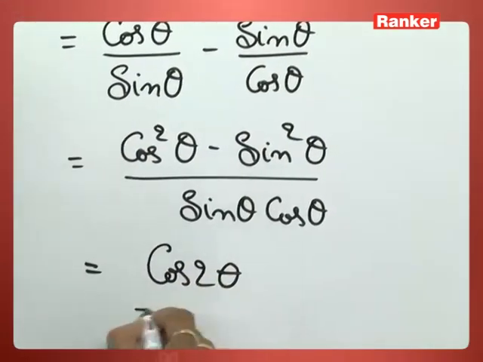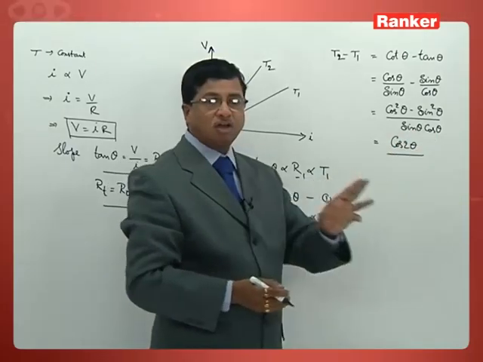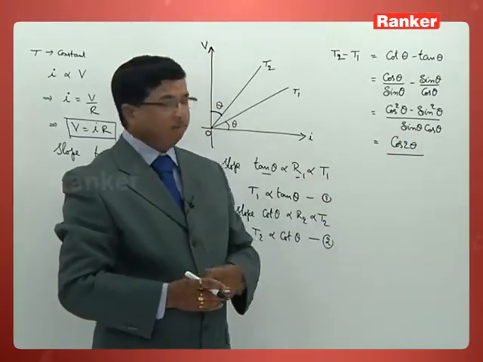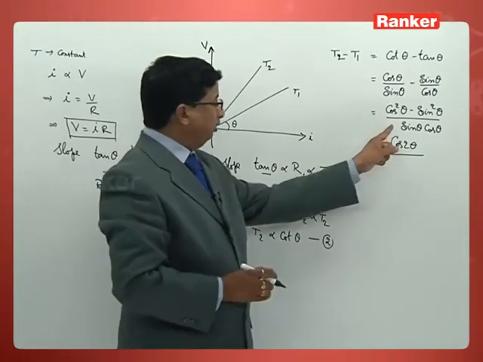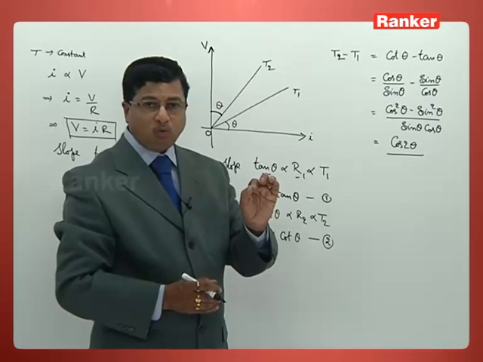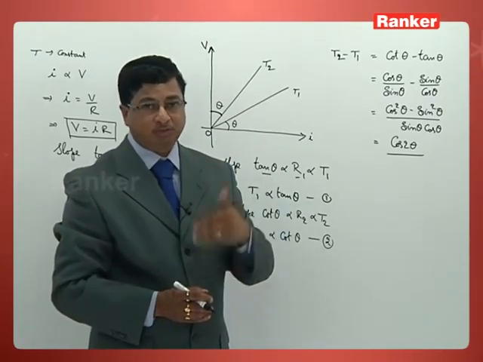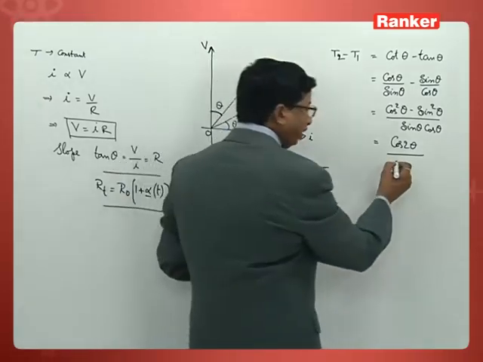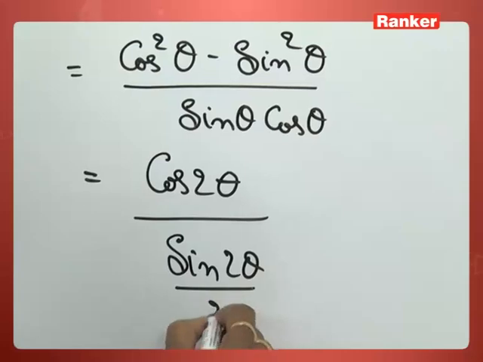And all of you know well, sin theta cos theta we have. This sin theta cos theta can be written as 2 sin theta cos theta divided by 2, that is sin of 2 theta divided by 2.